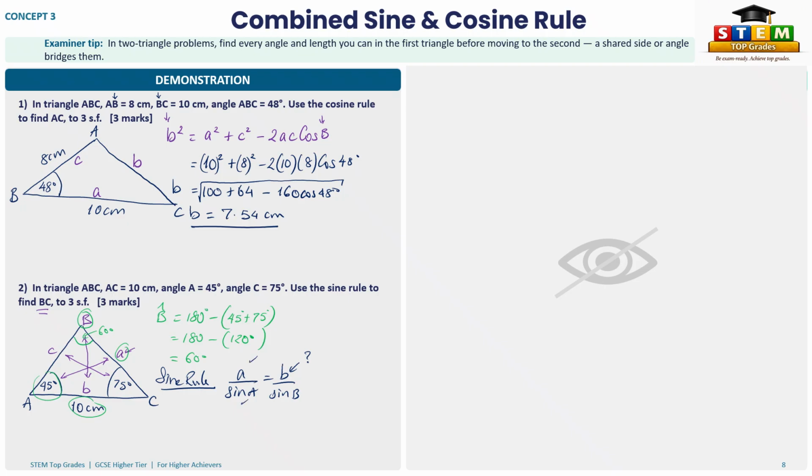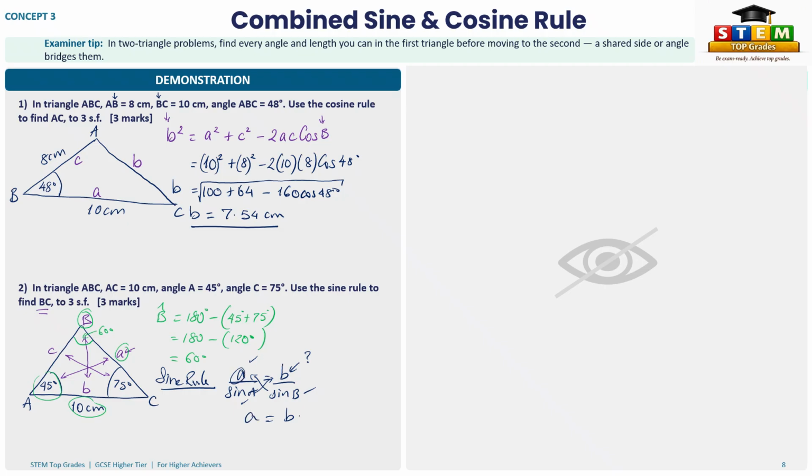We already know angle A and angle B, and we just need a cross multiplication to find a.